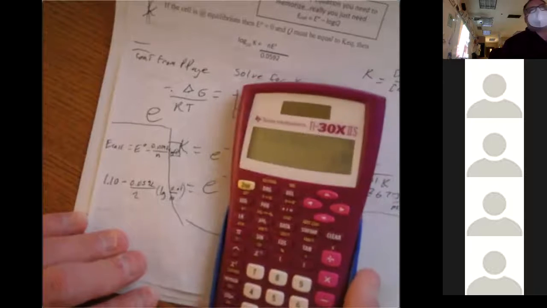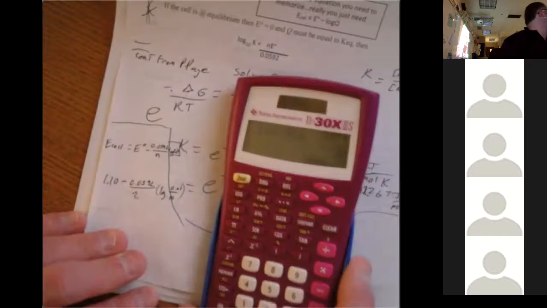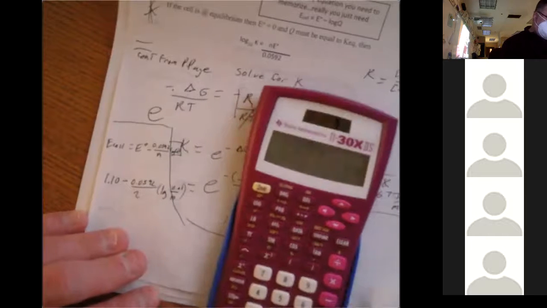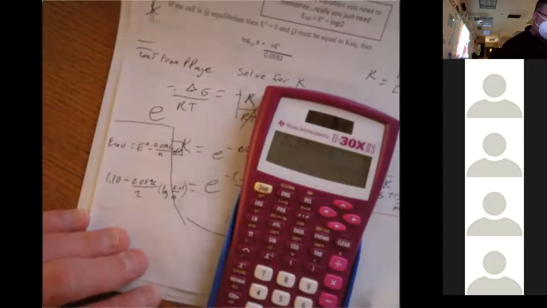What do we see there? The number is what? Negative, right? So then we're going to multiply that by 0.0592, divide that by 2, and then take 1.10 minus the answer.